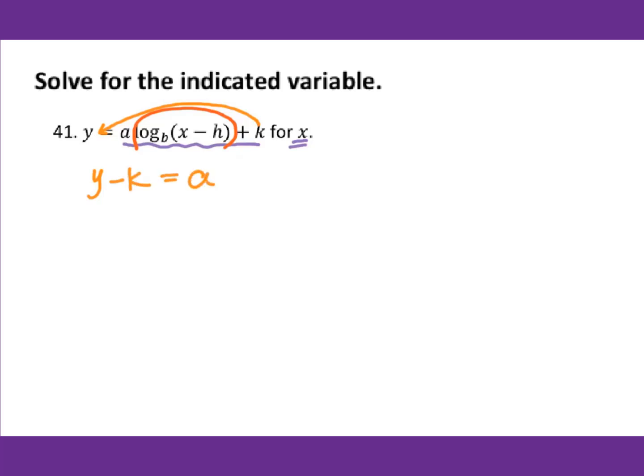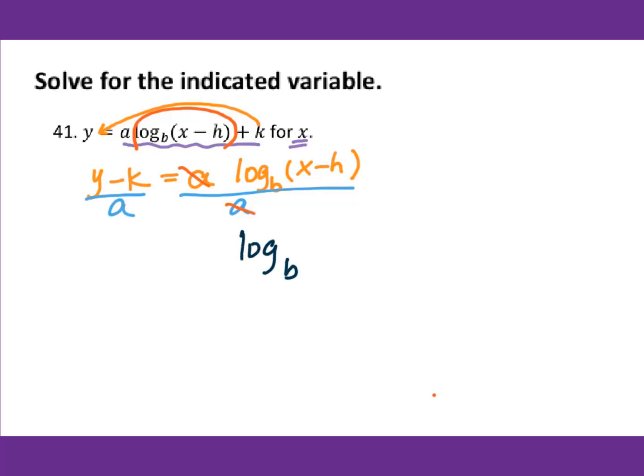A times log base b of x minus h. Then we need to divide by a on both sides. So we get log base b of x minus h equals y minus k over a.